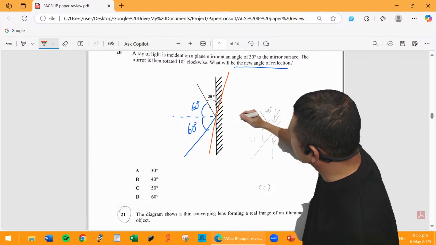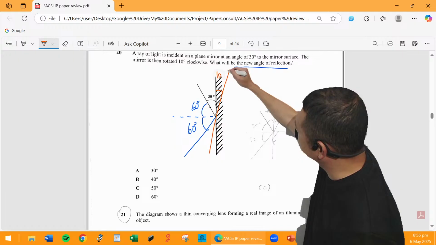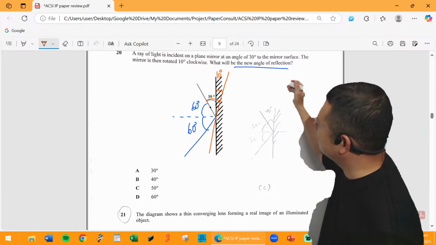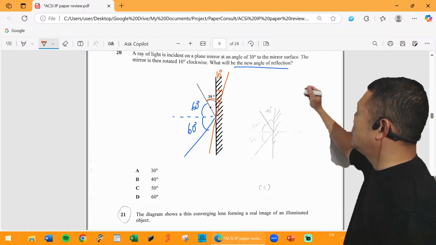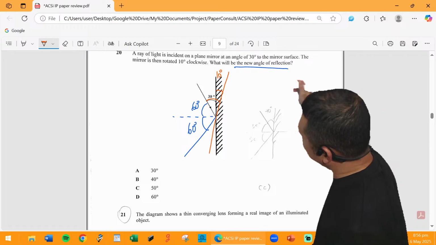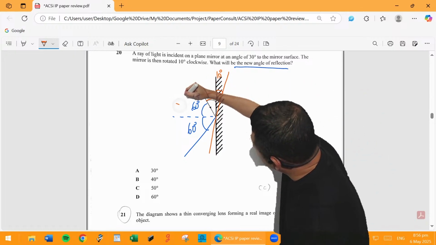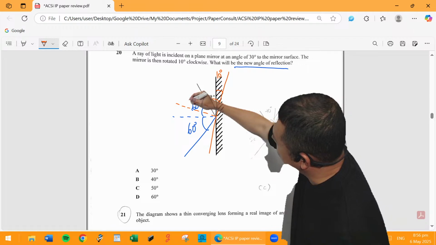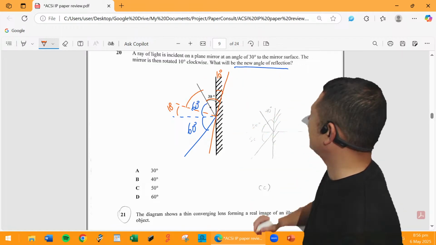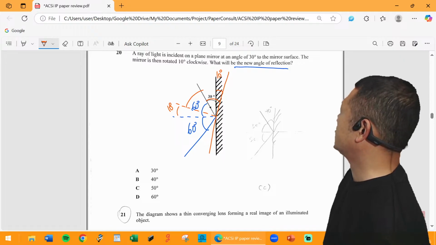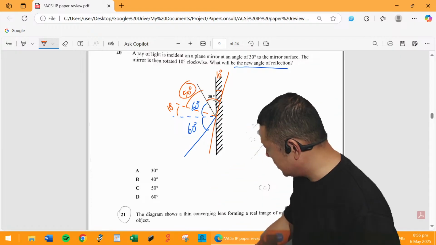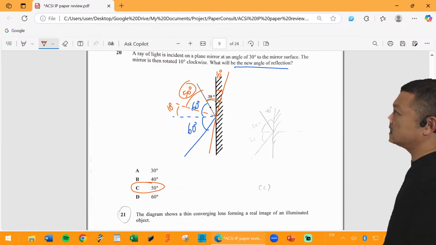By 10 degrees. So then this angle here will be 40 degrees. But then the normal will also be shifted by 10 degrees, right? Then the new angle of incidence will be 50 only. So the answer will be 50. C should be the answer.